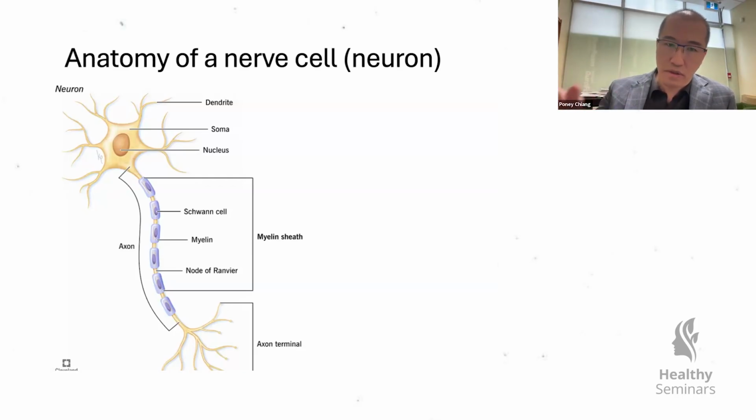If I call Lauren Brown long distance with my cell phone, it goes to the nearest tower in Markham, Ontario, then jumps to a central Ontario station, then jumps to Vancouver. Those jumping hubs are what the nodes of Ranvier are all about.